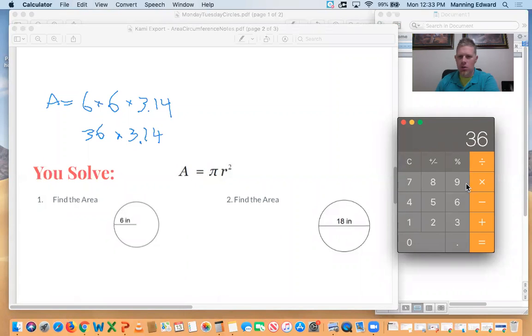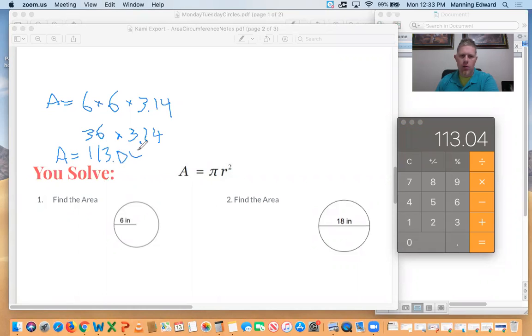So we do 36 times 3.14. And we get 113.04. All right. And so we get answer or area 113.04. Now, am I done? Is that it?